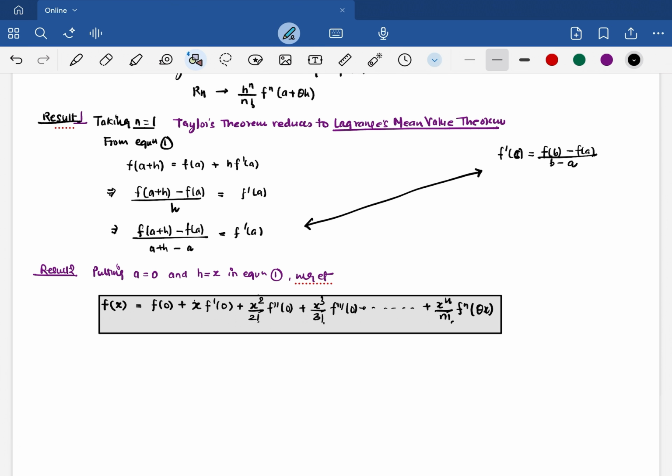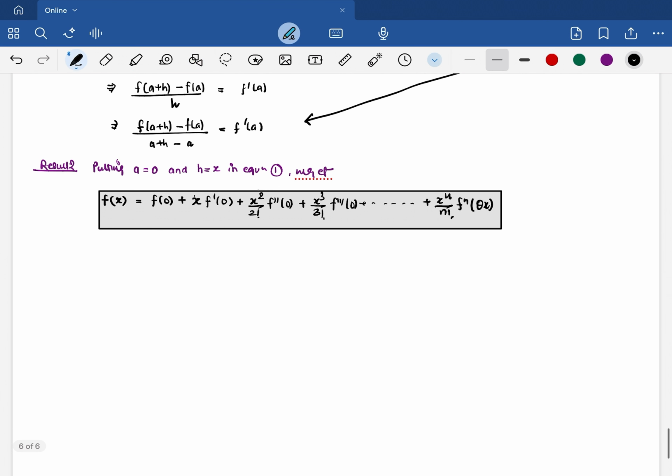Now let's move on to Maclaurin series and do some numericals based on this. So what is Maclaurin series?